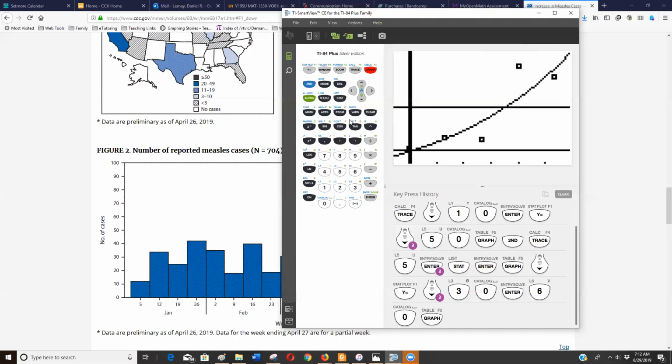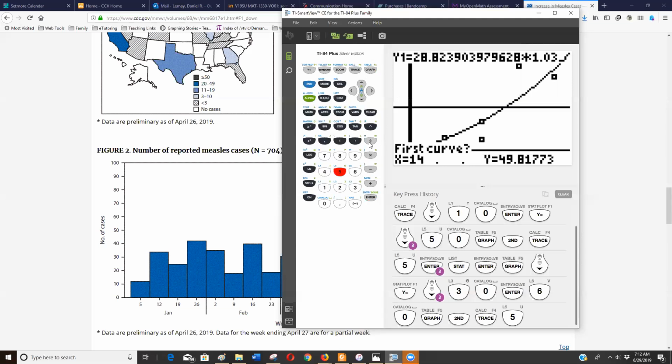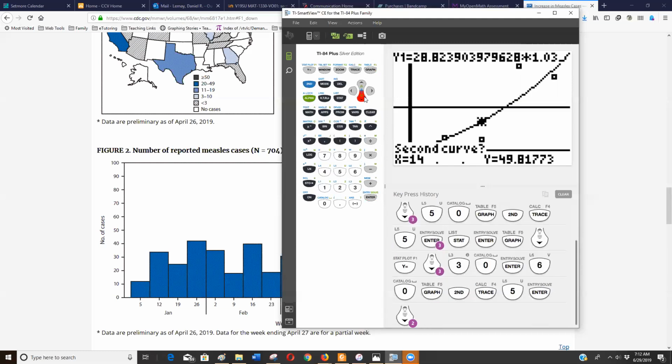I think it's going to be easier to do this by hand, but we'll do it this way. So I'm going to do second calc intersection, first curve, yep, and then I'm going to come down to that bottom line. There, that one, and I'll just let it do its magic. So at 1.02, so I'm going to write that down on paper, or maybe I can do it this way here.